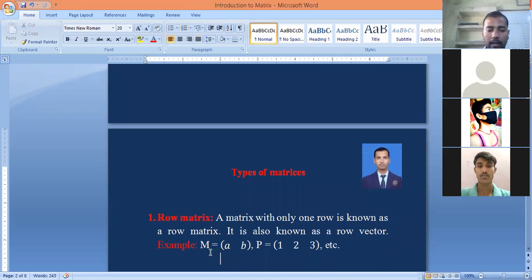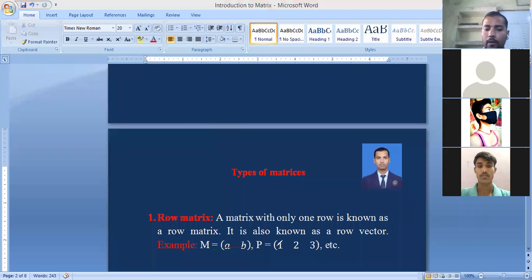Here you can see in the example, matrix M is equal to A B. It has only one row, A, B. Is it okay? Yes, sir. In the same way, for the second example, matrix P is equal to 1, 2, 3.